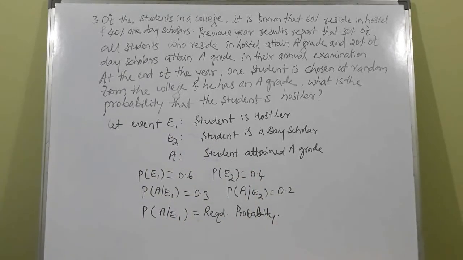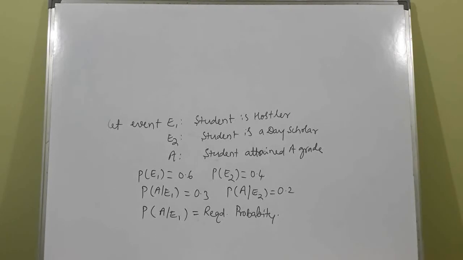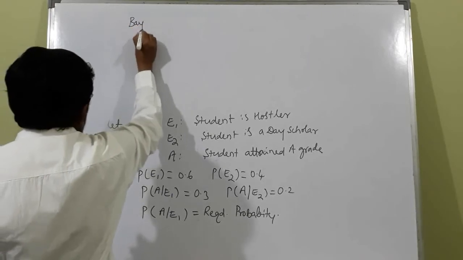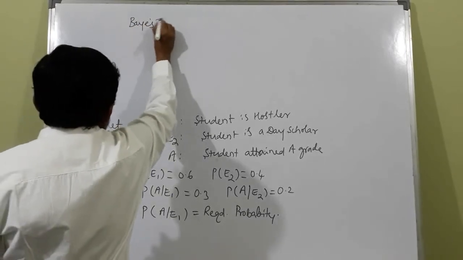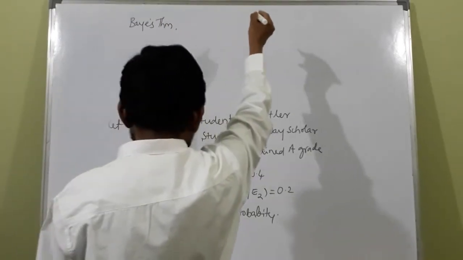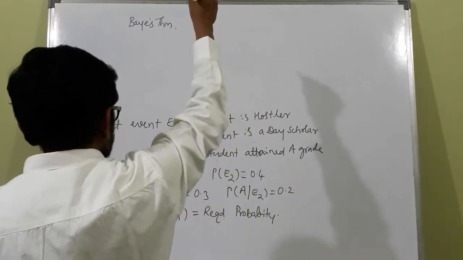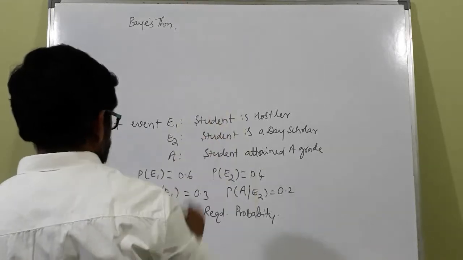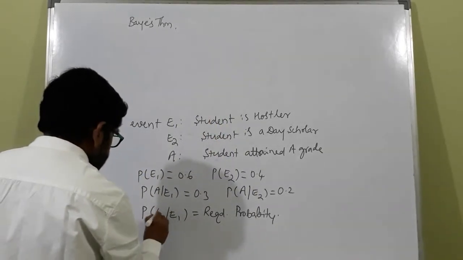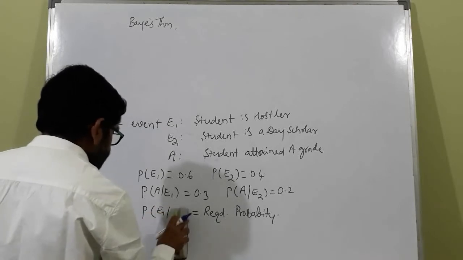Okay. Here you have to apply Bayes theorem. So Bayes theorem, probability of E1 given A you have to find.